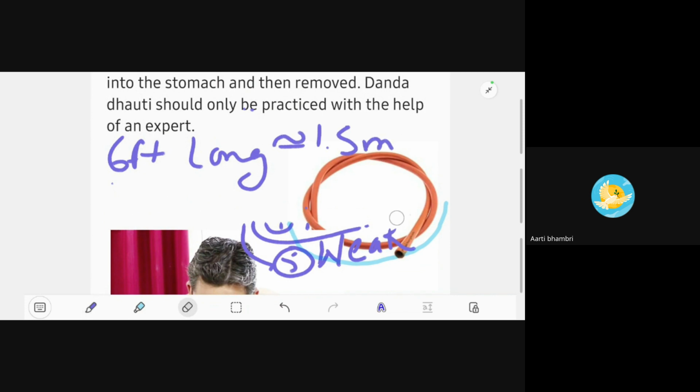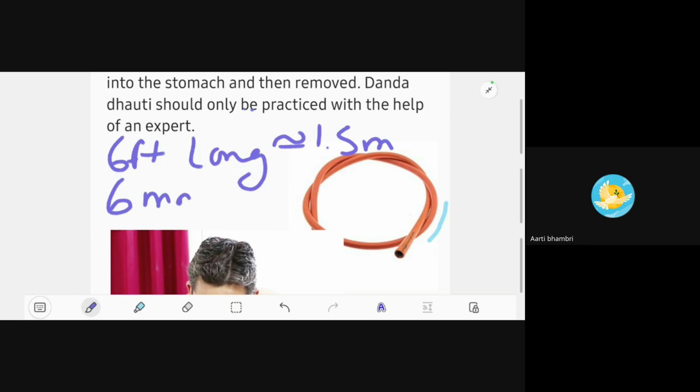Okay, and the diameter you said 6 mm. Okay, both are six, which is around the width of a pencil, nearly a normal pencil we used, right?